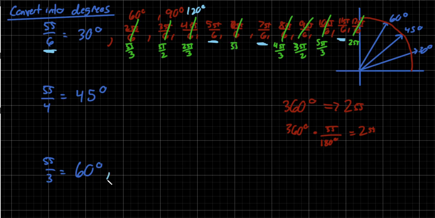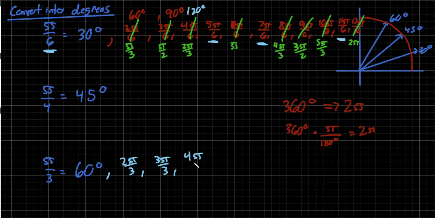Okay, so let's go up by 60 degrees. Guess what? They're already up there. So what's next? I'm going up by a third each time. Yep, 2 pi thirds. What's next? 3 pi thirds. Yep, what's next?